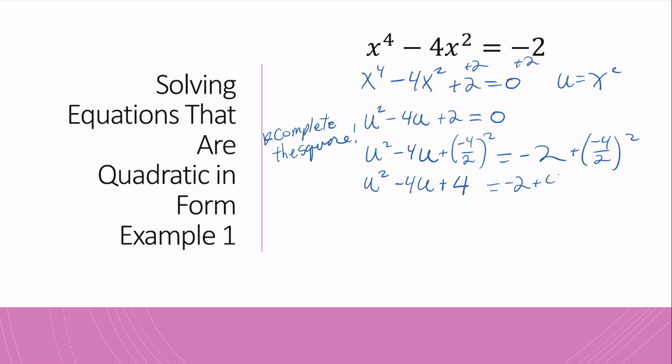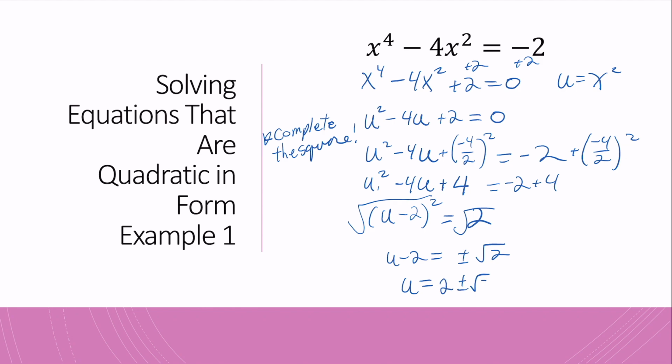It's negative 2 plus 4. This left-hand side is going to factor to u minus 2 squared, and my right-hand side simplifies to 2. So I go ahead and take the square root of both sides. So I get u minus 2 is plus or minus the square root of 2. So I'm going to get that u is 2 plus or minus the square root of 2.